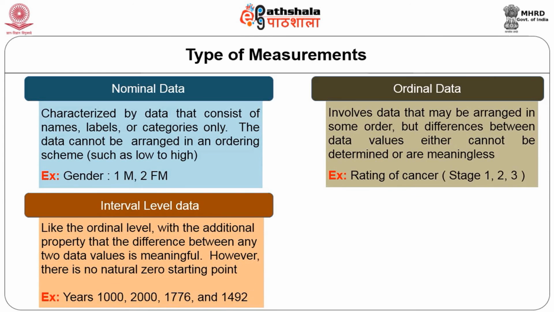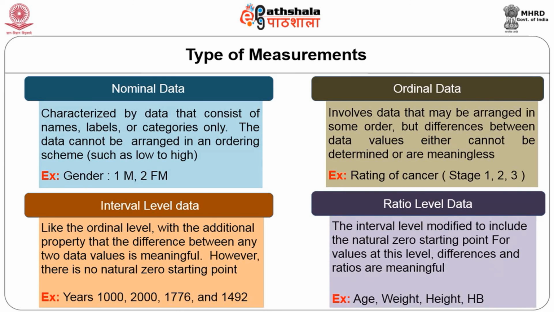Interval data is like the ordinal level with the additional property that the differences between any 2 data values are meaningful. However, there is no natural zero starting point where none of the quantity is present. For example, years 1000, 2000, 1776, 1490. Ratio level data is the interval level modified to include the natural zero starting point, and you can use all the arithmetic operations here: plus, minus, multiplication, division, exponentiation.